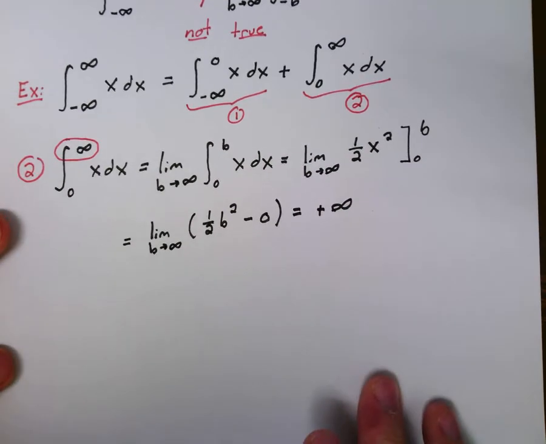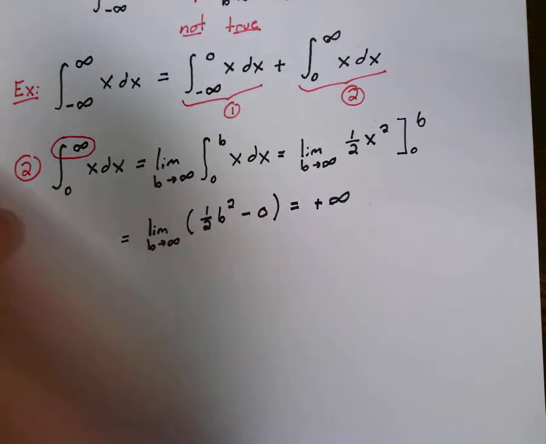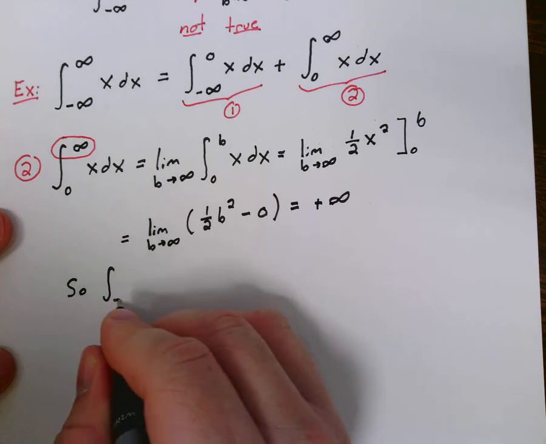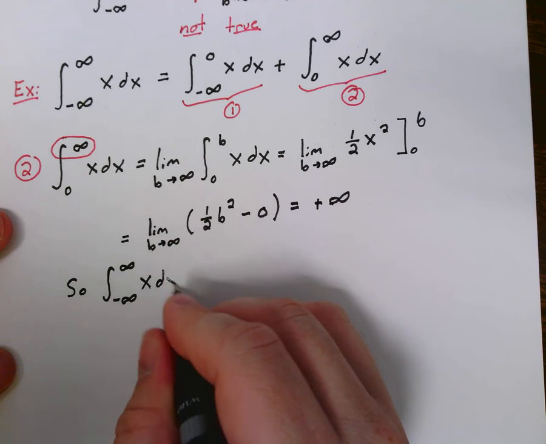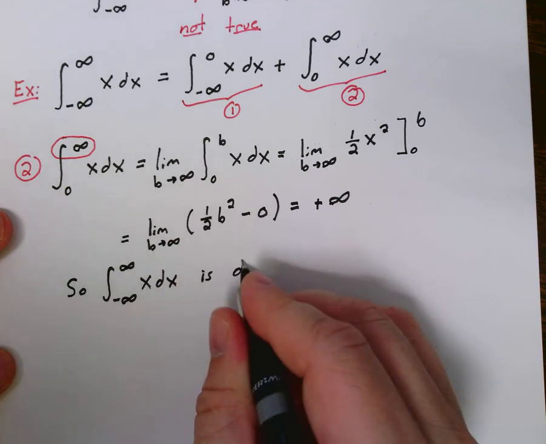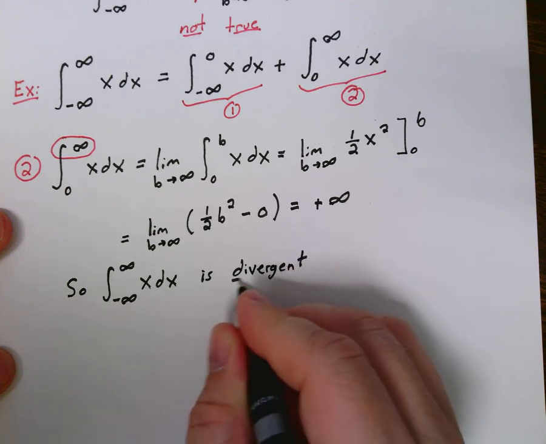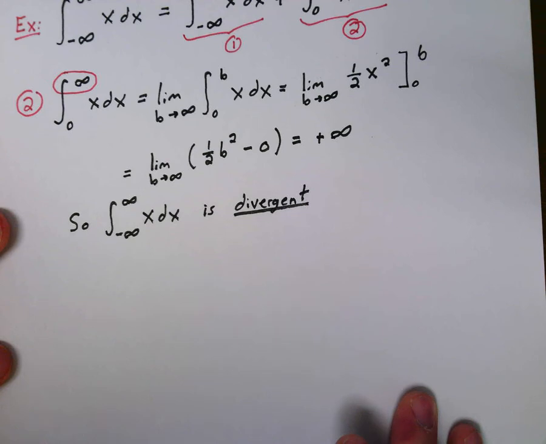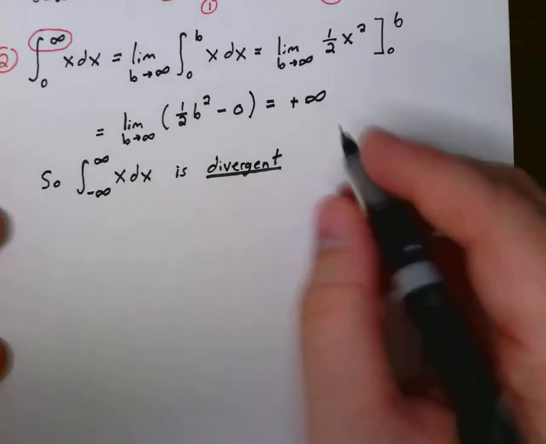Now remember what I said before, as soon as one of these guys is divergent, the whole thing is divergent. So what we see is that the integral of x dx is divergent. Now, here's the idea.